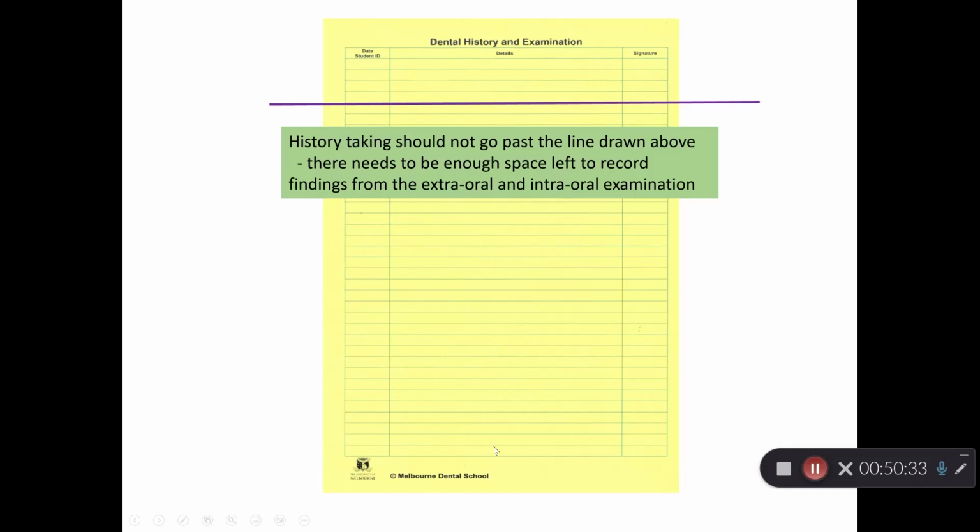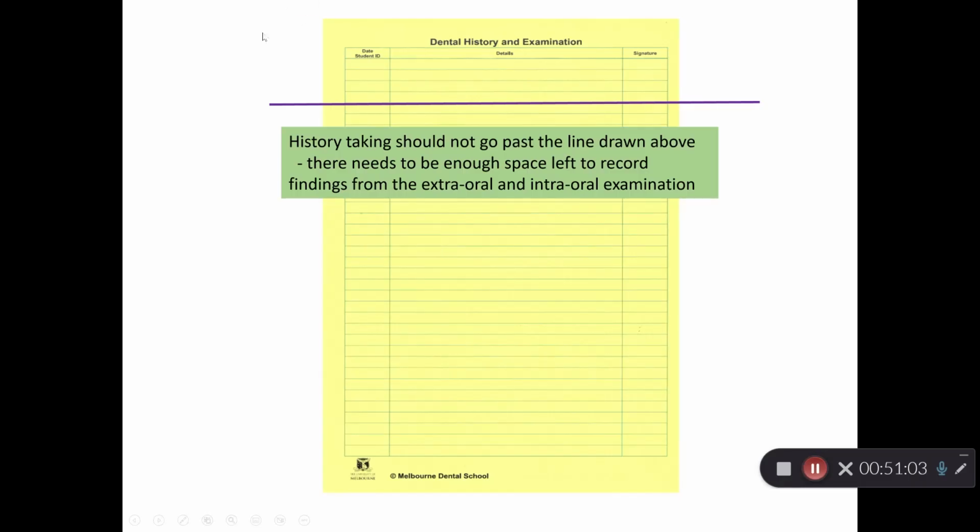So we've got a few more lines on the back of the page. But the front and the back of these has to allow you to record all of the information for the history, dental history, and the examination of the patient. So we don't have any more pages to write down. So you've got to be succinct. You've got to be obviously accurate, but succinct in recording.